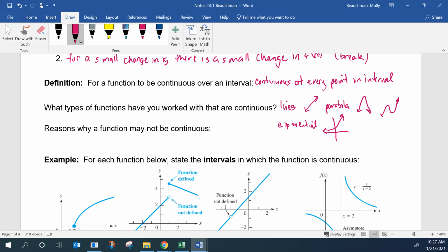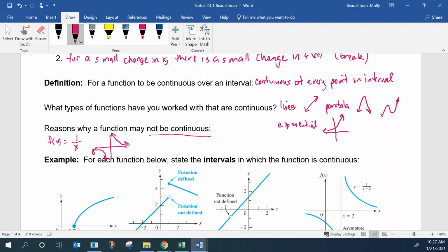Some of the functions that are not, and reasons why a function may not be continuous. It might have something like 1 over x. The graph of 1 over x is undefined at 0. And what the graph looks like, it looks like a hyperbola. It has two branches.